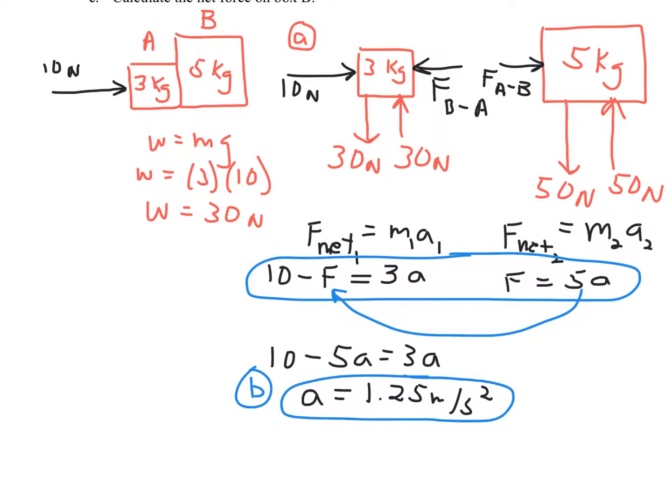For example, I can go to either one of my equations at the top here now. Let me just circle them. Let's say I'll just go to this one. If I plug in for A, I get F equals 5 times 1.25.